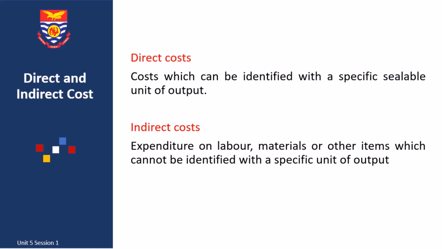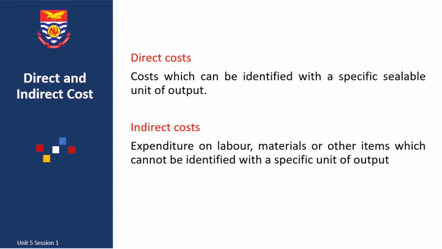When you see your textbook, you see the paper, you see the writing, which definitely came from ink. You see the glue that we used to put it together. Definitely you know that people came together to put this book together. So these are the costs we can directly associate with the output.